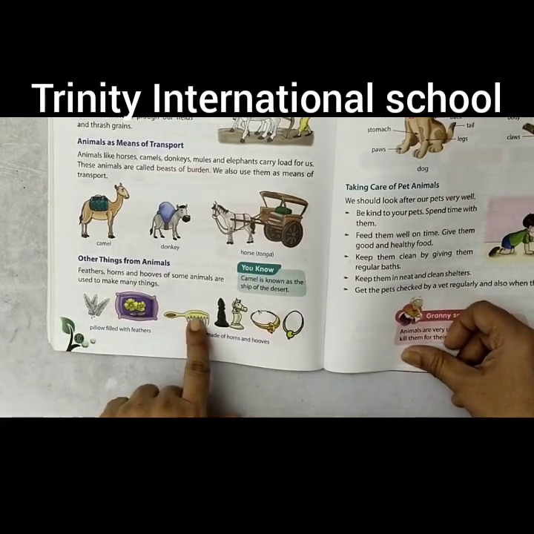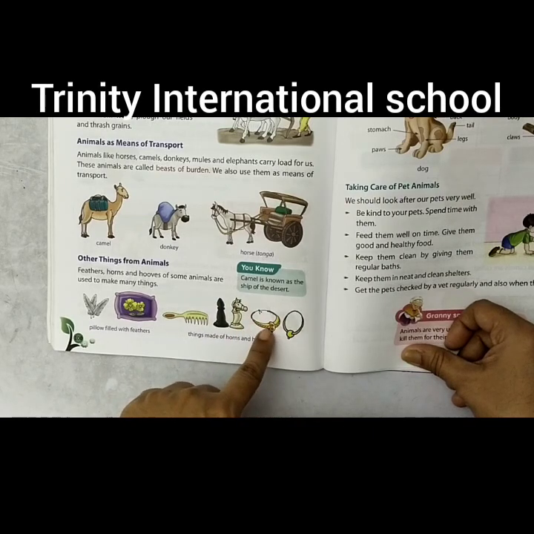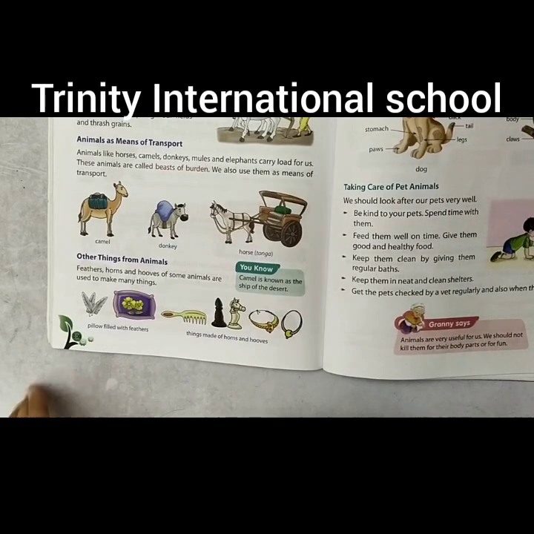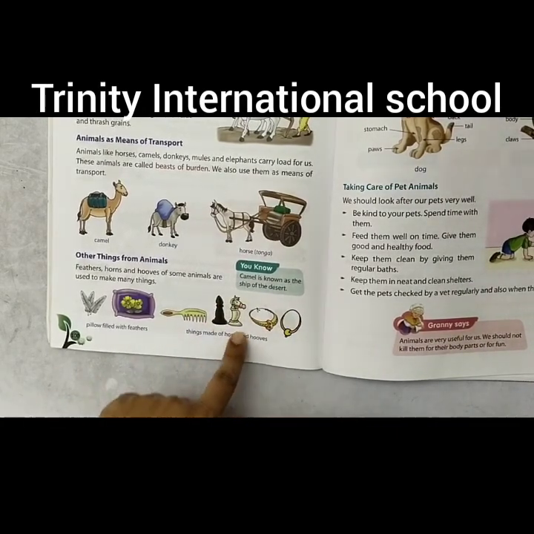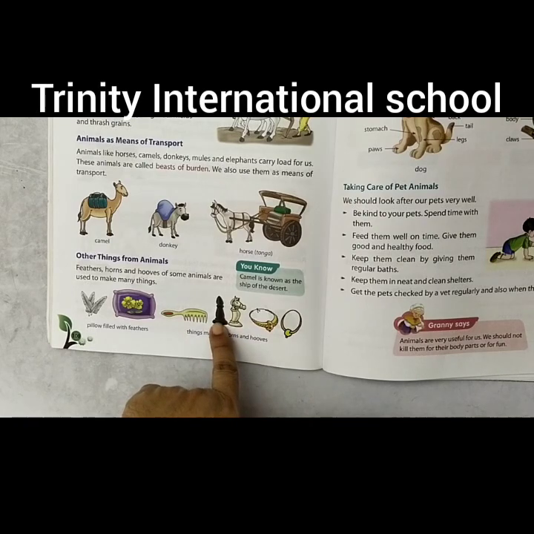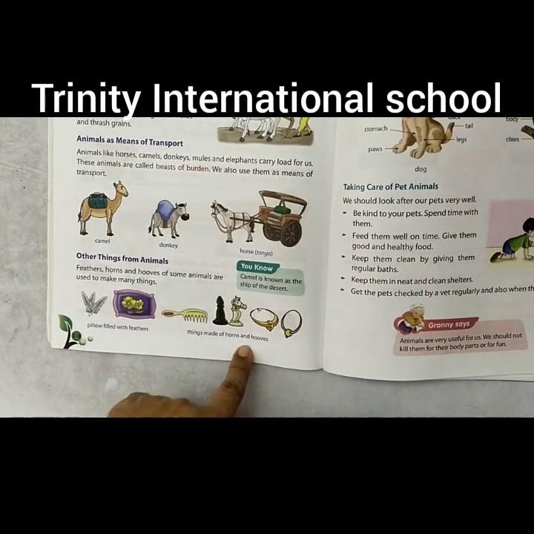So you can see a comb, you can see the different ornaments you can see. Then you can see these things which are used in your chess game में जो हम coins use करते हैं, ये these all things are made up of horns and hooves.